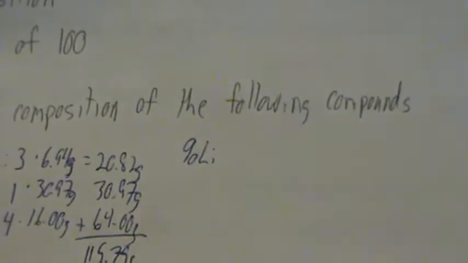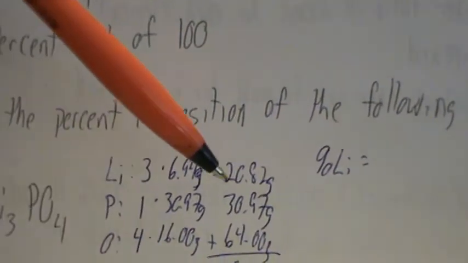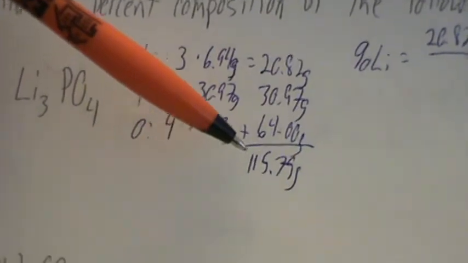Okay, so find the percent composition of each element. Let's first look at percent of lithium. What we do is we take the mass that the element has in the compound. For lithium, it has a total mass of 20.82 grams. Then we're going to divide by the mass of the compound.